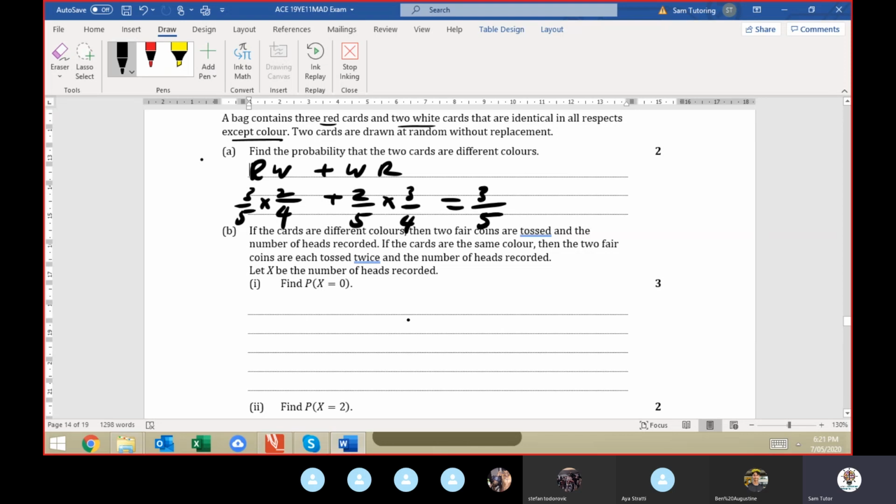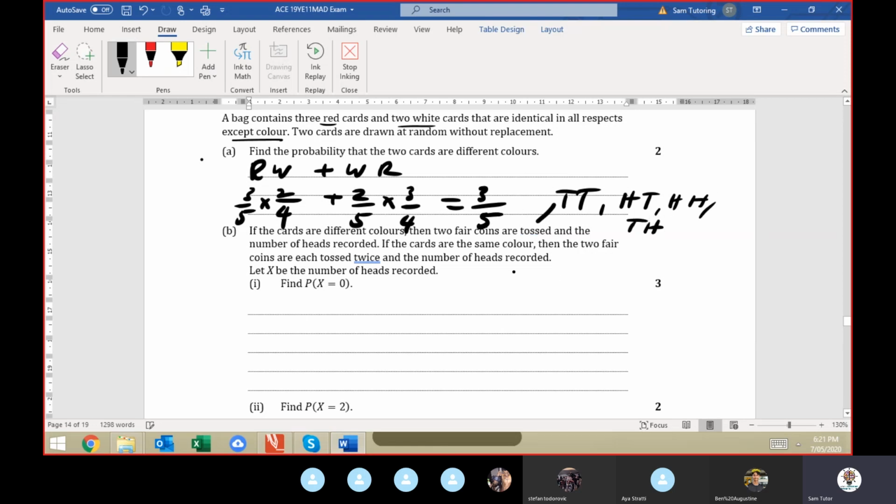Find the probability that X equals 0. So no heads recorded. How am I going to think of this one? Give me 1 sec to think about this. If the cards are different colors, then 2 fair coins are tossed. Do I need to take that into account? Okay, 2 coins. So that would be tail, tail, head, tail, head, head, and obviously tail, head.